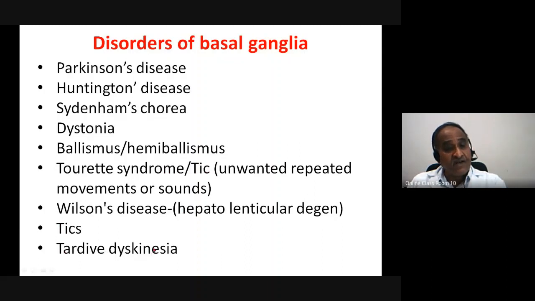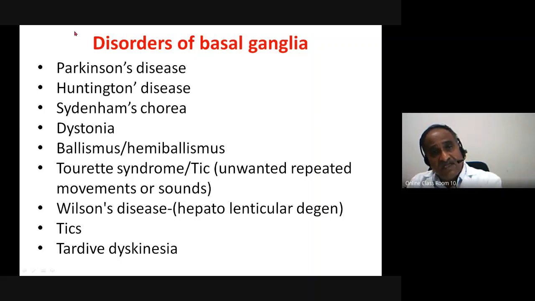Then there are tardive or spasmodic dyskinesia. These are the disorders of the basal ganglia. Of them, what we will be discussing most of the time are Parkinson's disease, Huntington's disease, ballismus, and then these tics. Maybe I would deal with them in the subsequent class.